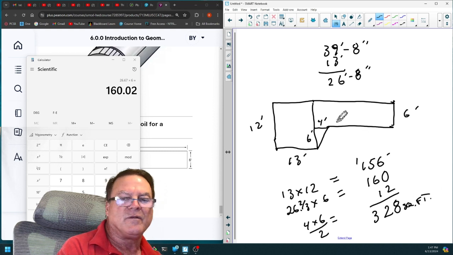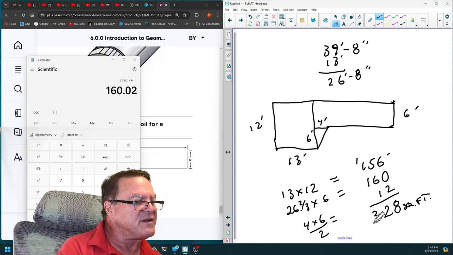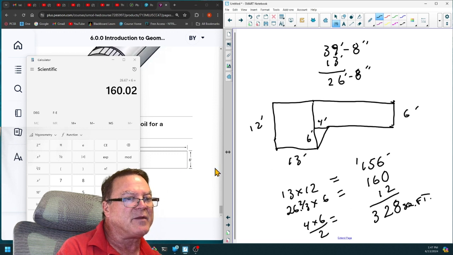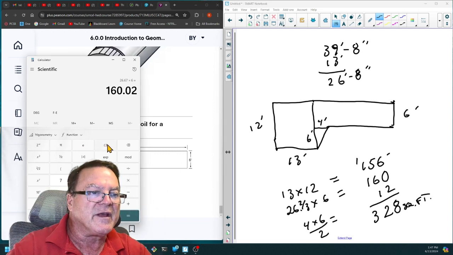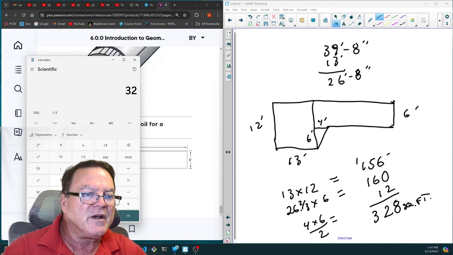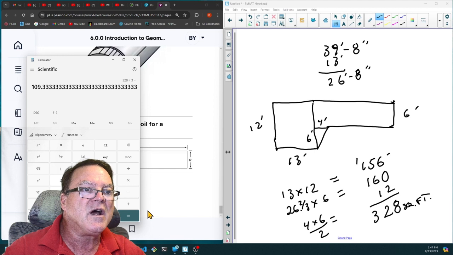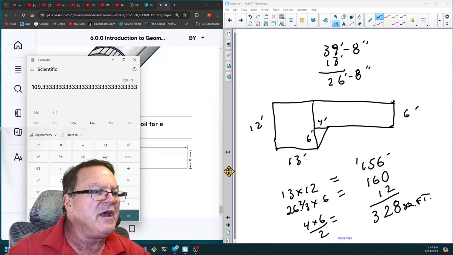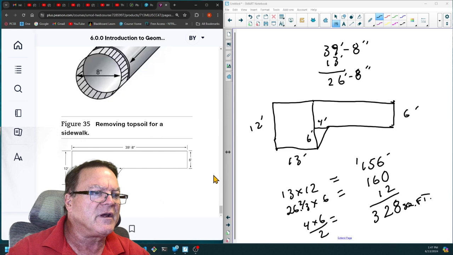Now, they said it was 4 inches thick. So I'm going to multiply this times 1/3 of a foot. So I'm going to divide this by 3, basically 328 divided by 3. Let me clear my calculator and do 328 divided by 3. That gives me 109.3. And what did they say about rounding?